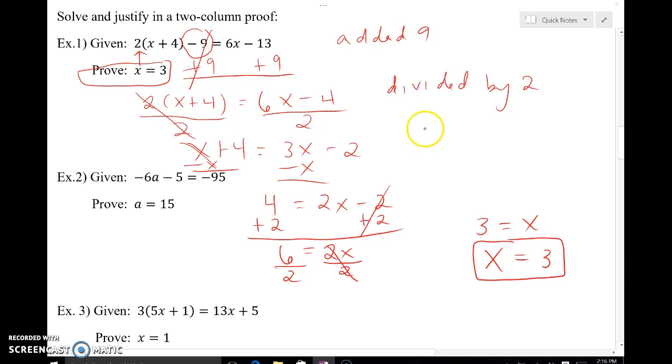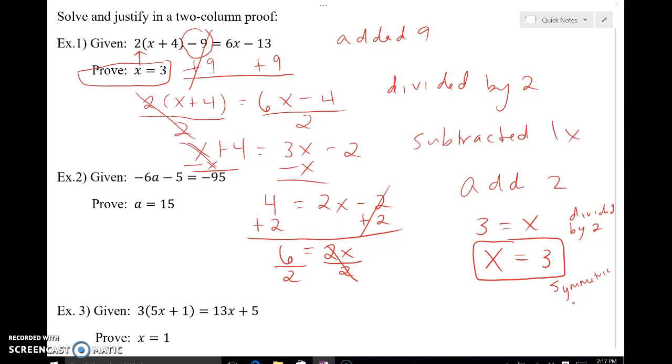Next I subtracted 1x. After that I added 2 to both sides, and finally I divided by 2 in order to get x by itself, and then I used the symmetric property in order to get x to the left and make it identical to the proof statement.